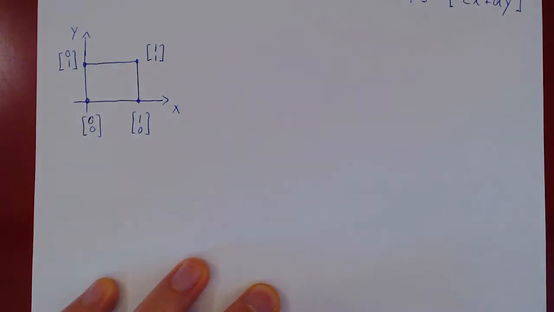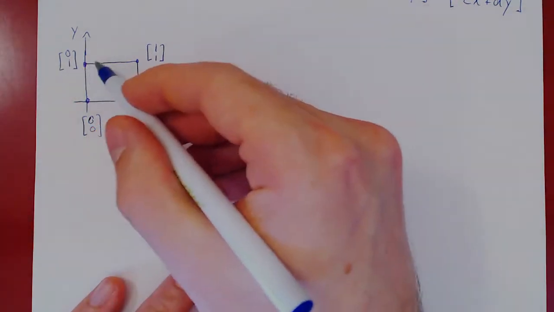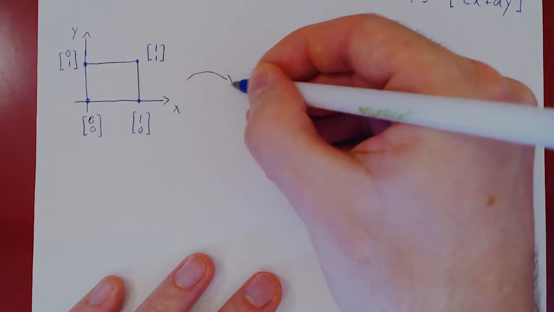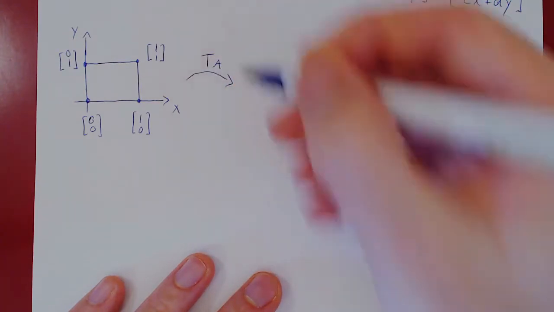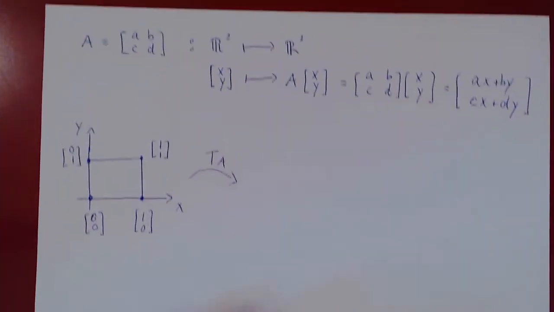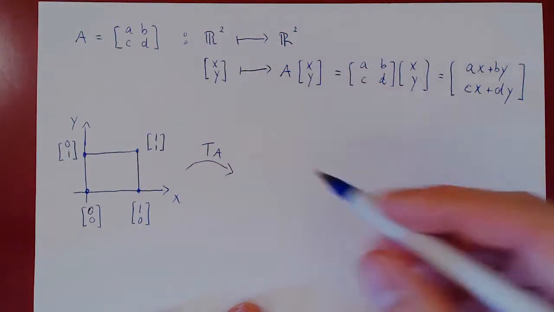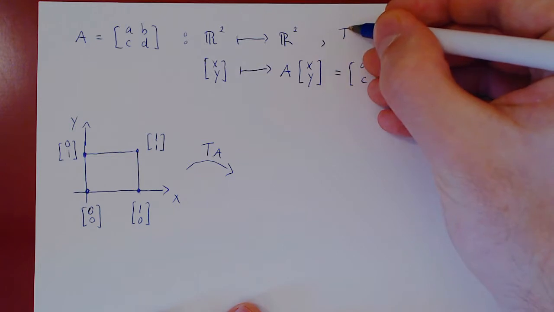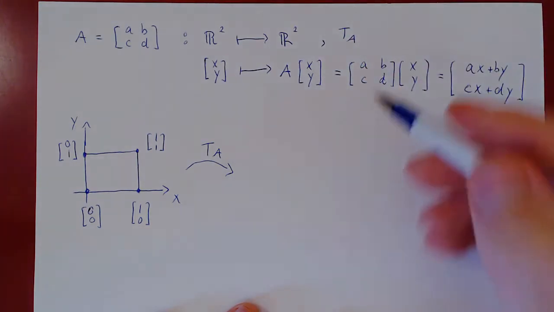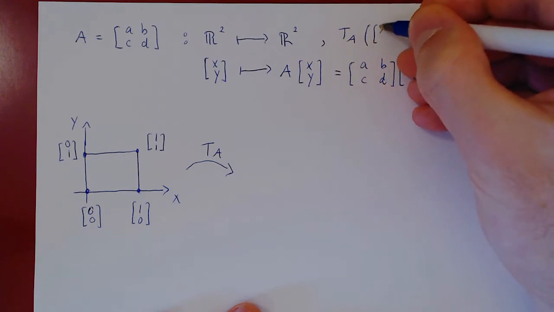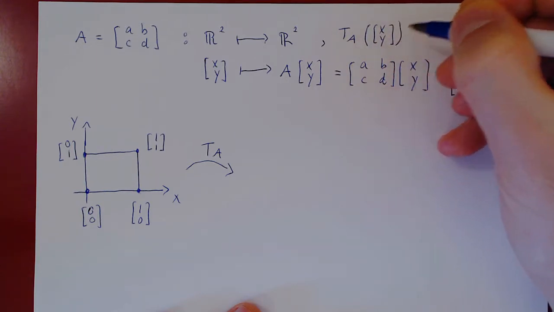So the question would be now, what if we multiply every point inside the unit square by the matrix A? And that's what this notation means, right? If we go back here, we could have written, instead of writing this, we could have simply said, well, our function is T_A, the transformation induced by A, and how do we transform a point in the xy plane?